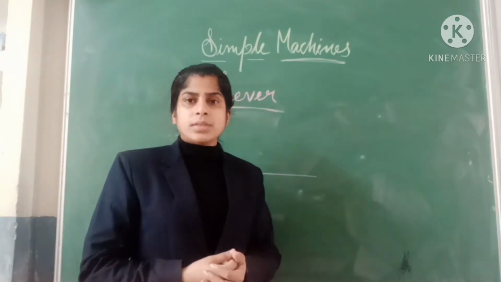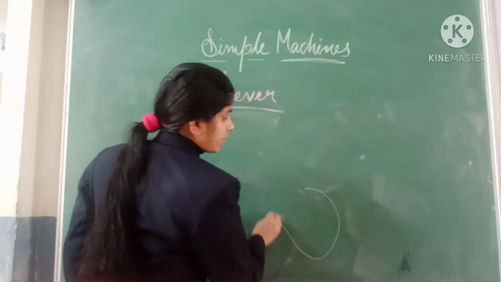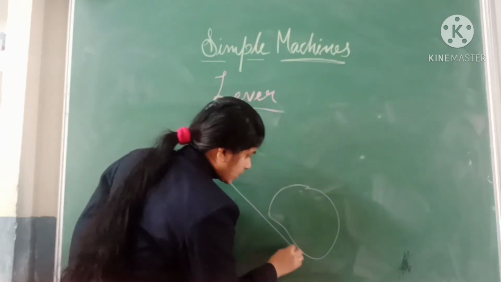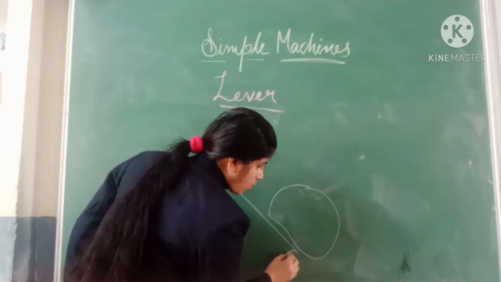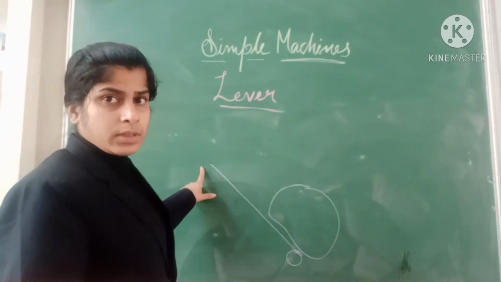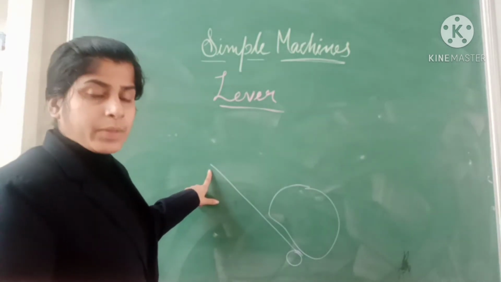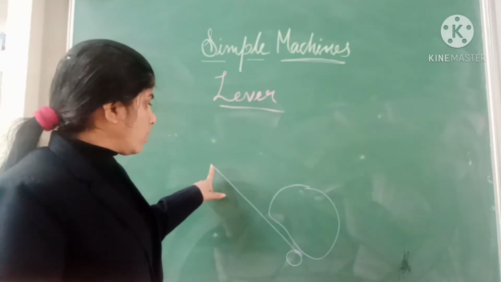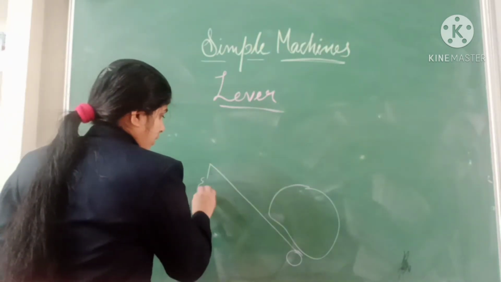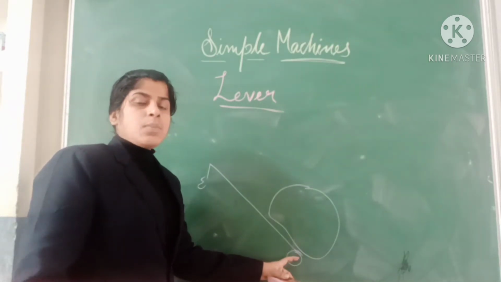How does it work? One person is lifting a stone with the help of a lever. He just uses the lever like this. Here is one small stone. He applies the force here, that is the effort. Here is the moving part.